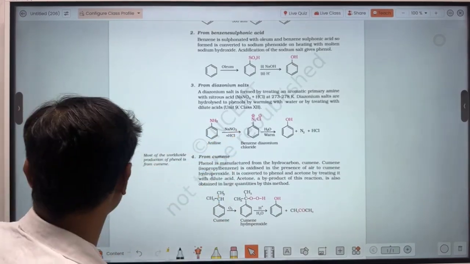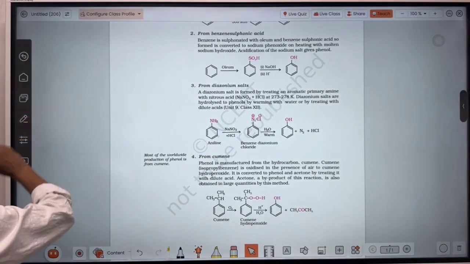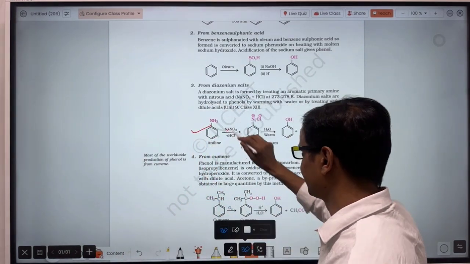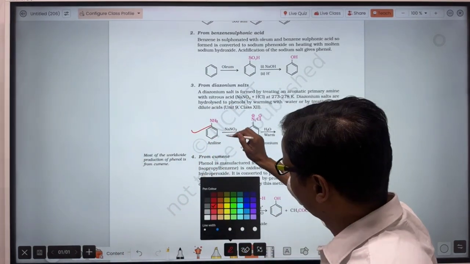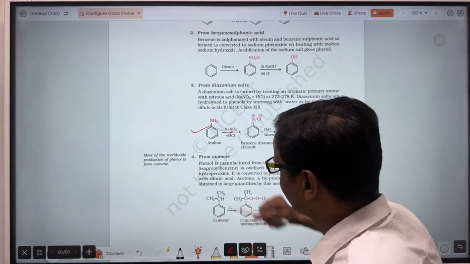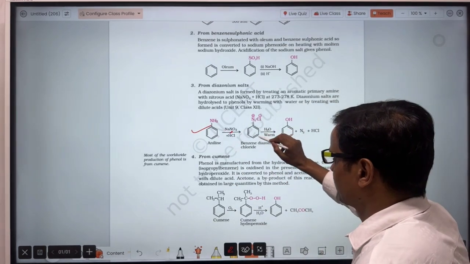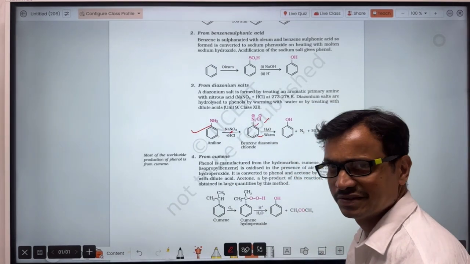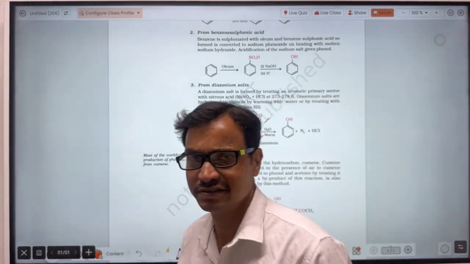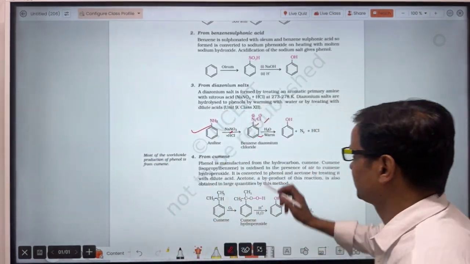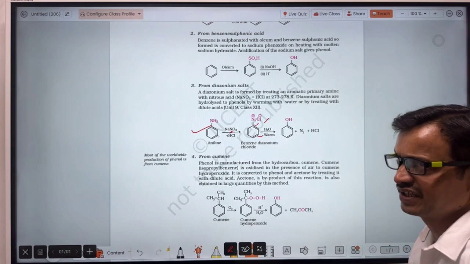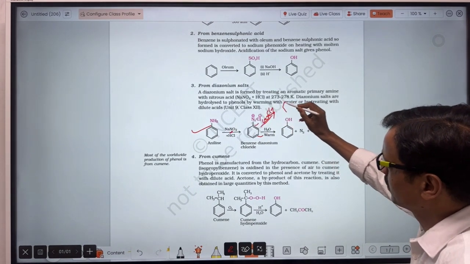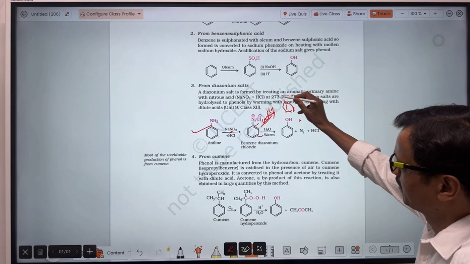About this reaction you have already studied, that when aniline reacts with NaNO2, that is sodium nitrite, and HCl, there will be formation of benzene diazonium chloride. You have already studied that in the previous chapter. When you react it with Cu2Cl2, there was formation of chlorobenzene.